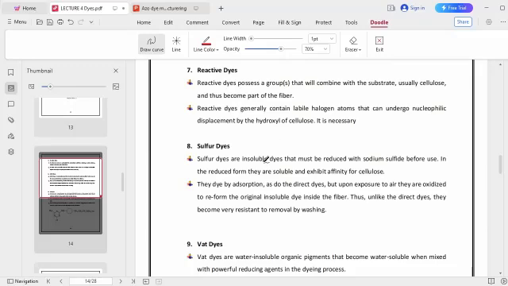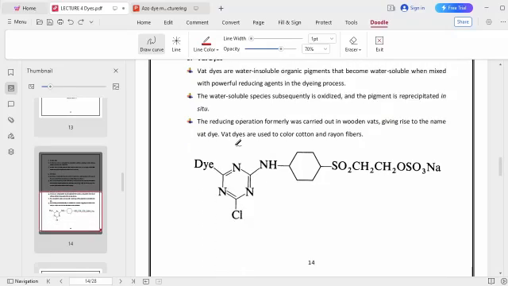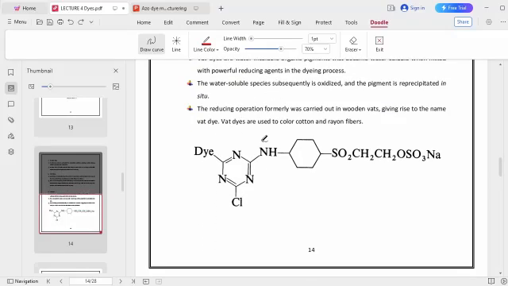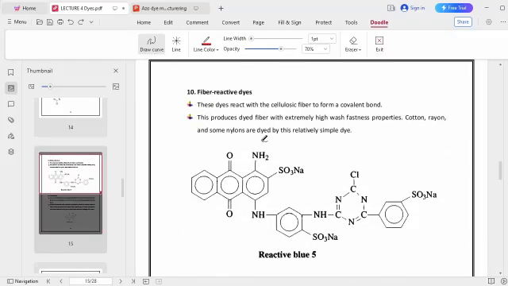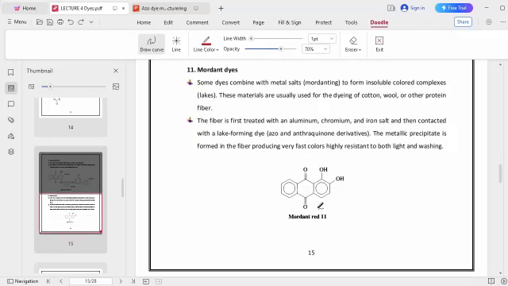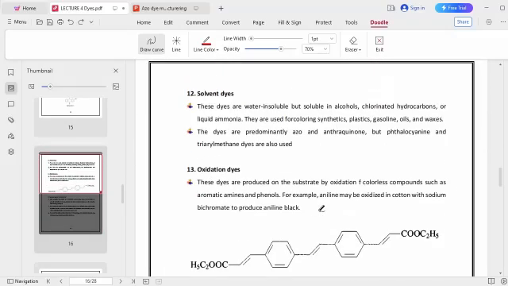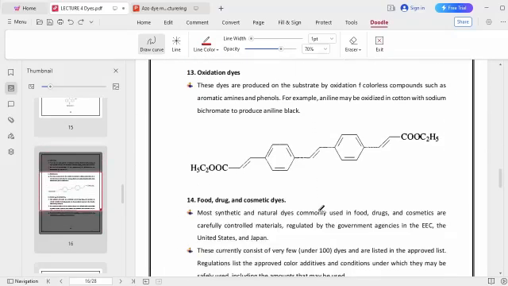We have other groups of dyes which you can go on and read, such as reactive dyes, sulfur dyes, fat dyes, fiber reactive dyes, mordant dyes, etc. For example, mordant red, etc.